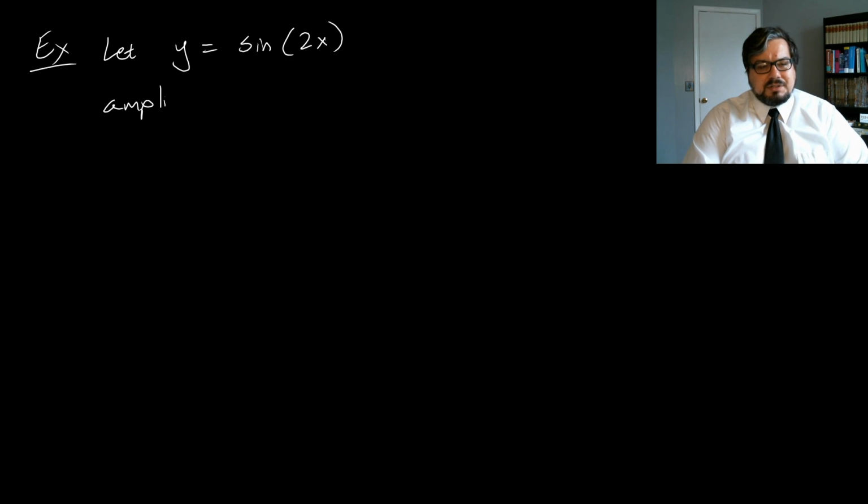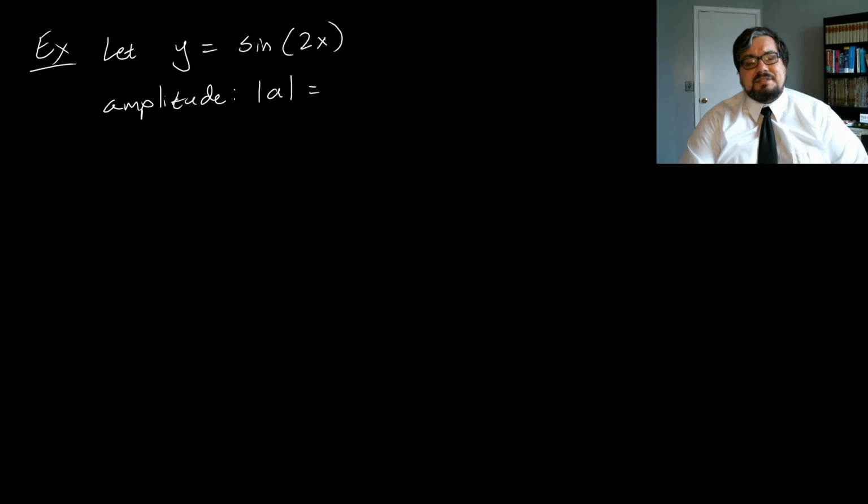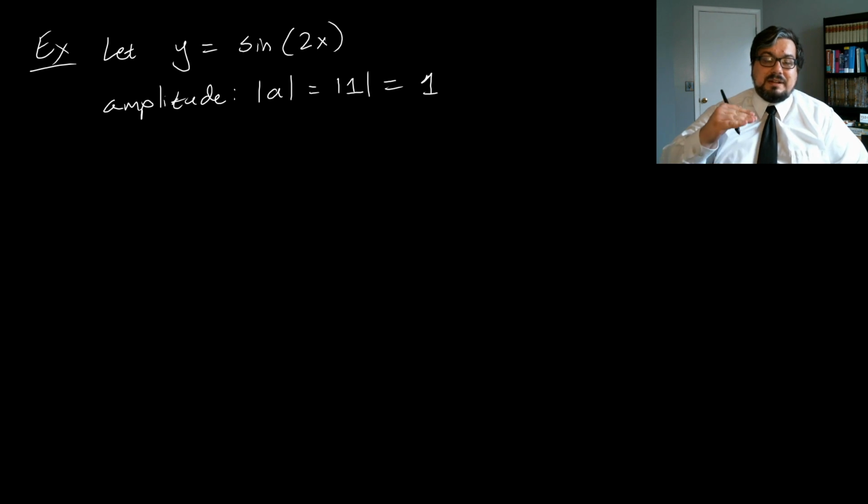So the amplitude is always equal to the absolute value of a, and a is the coefficient that sits on the outside of the function. In this case, there's nothing written there, so a is just the invisible 1, so the amplitude of this function is just 1. So it's going to have a height of 1, it's going to go up by 1 and down by 1 from its middle line.